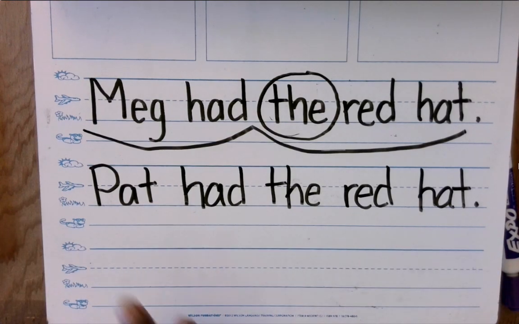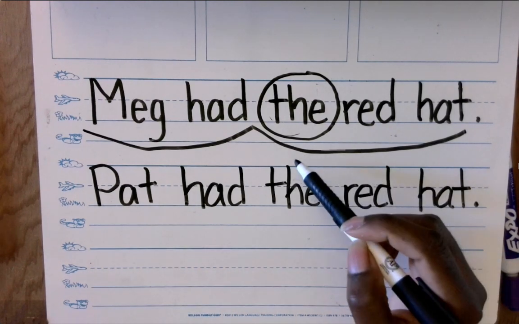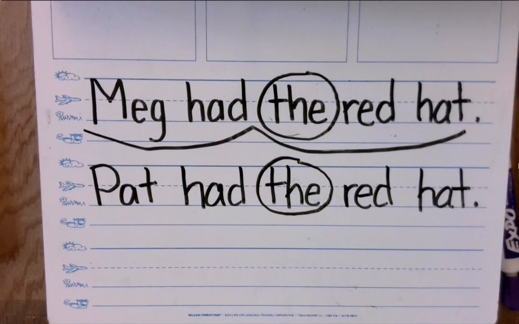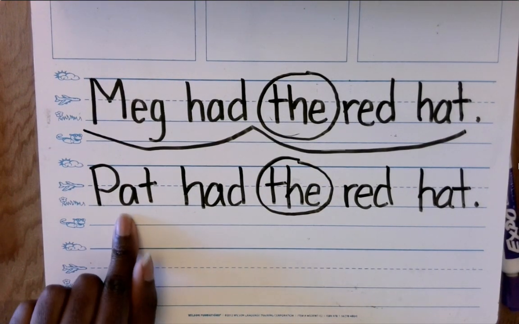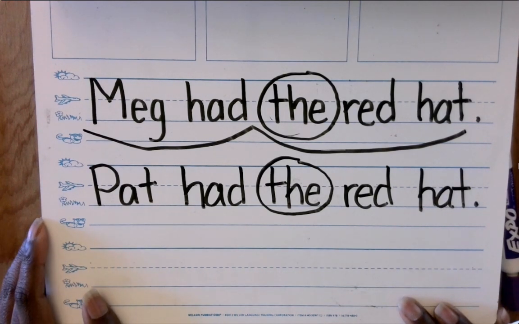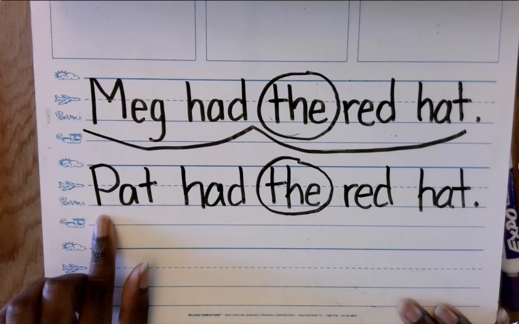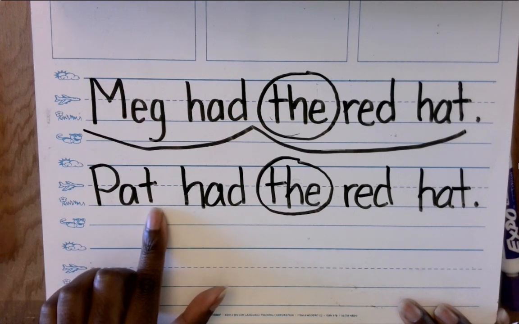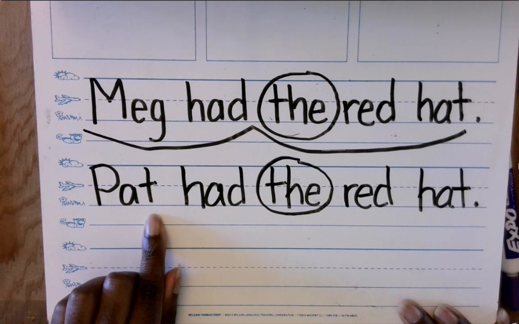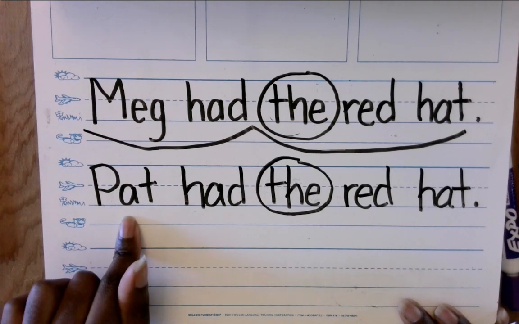We just changed the first word or the name. So I'm going to circle this one, and then we're going to figure out what this changed to. So let's sound out or tap that out. Ready? P, A, T. Did you say pat? If you said pat, that's right.